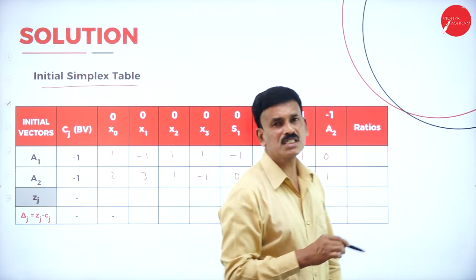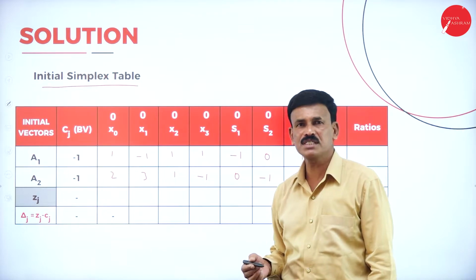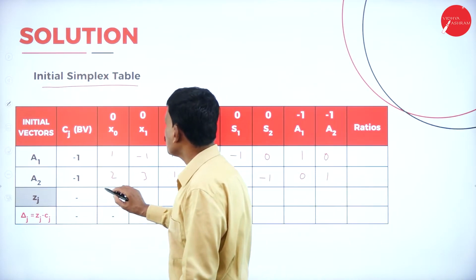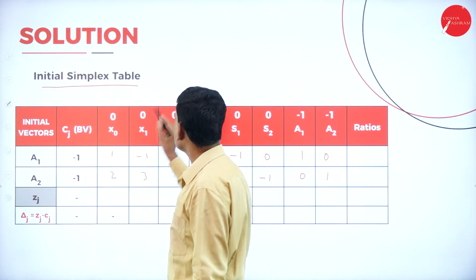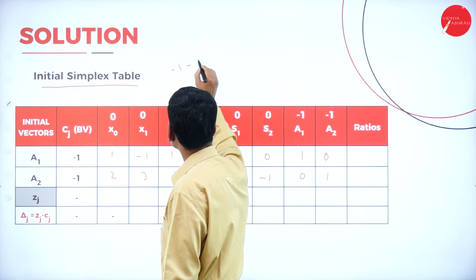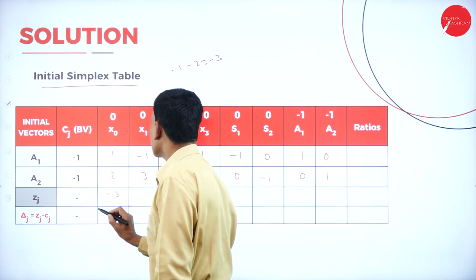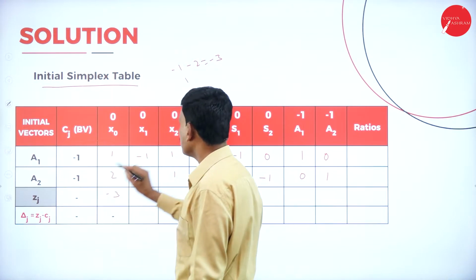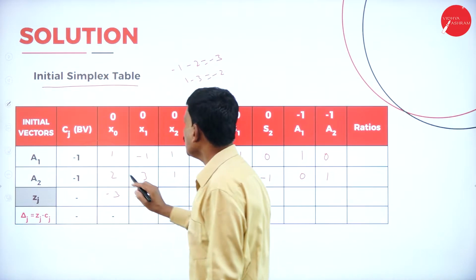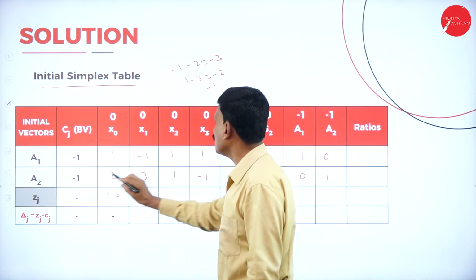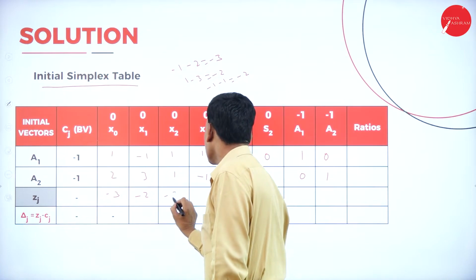Now as usual, just find out the value of Zj and then delta j, that is Zj minus Cj. Zj is nothing but the multiplication of these two. So multiply: -1 into -1 is 1, -1 into 2 is -2, this is equal to -3? Next, -1 into -1 is +1, -1 into 3 is -3, that's equal to -2. Again, -1 into 1 is -1, -1 into -1 is +1... -1 into 1 is -1, -1 minus 1 is -2.